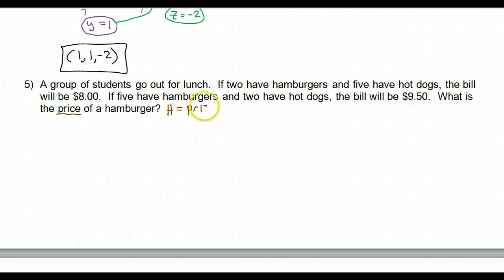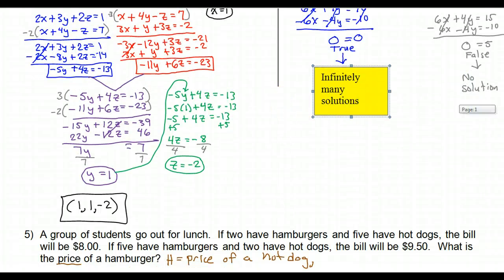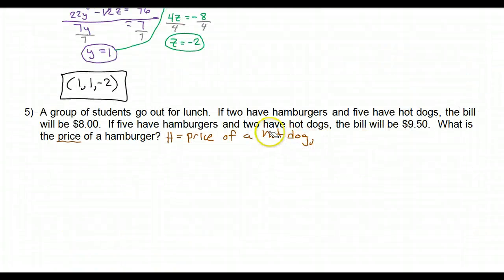H equals the price of a hamburger. Price of a hamburger. And I'm going to let D equal the price of a hot dog.